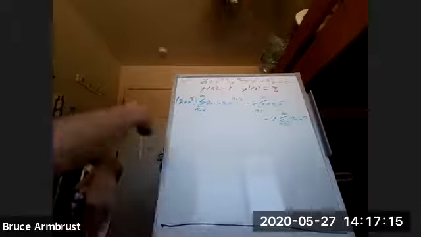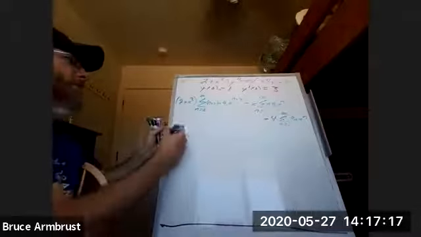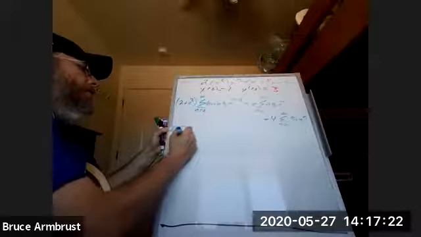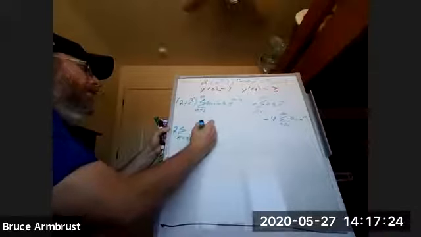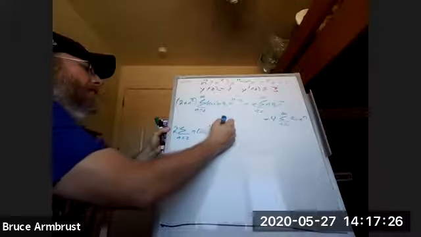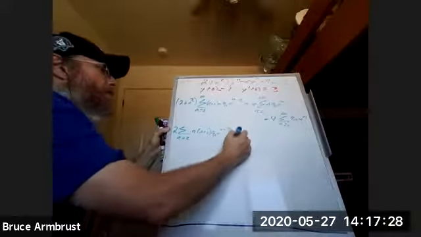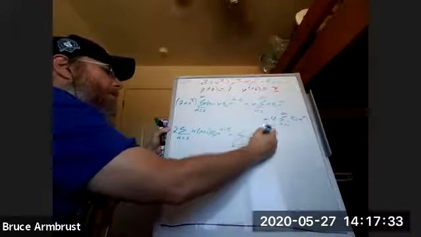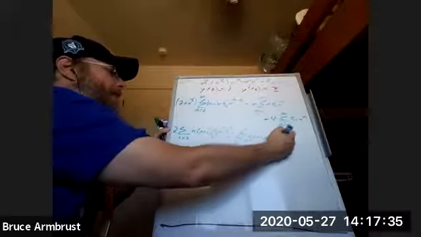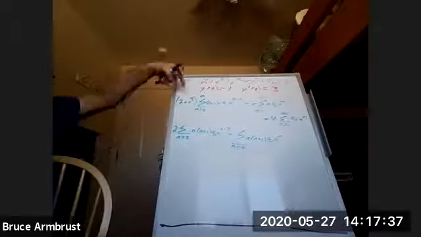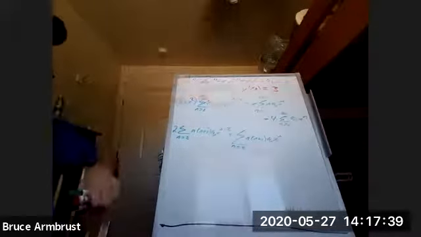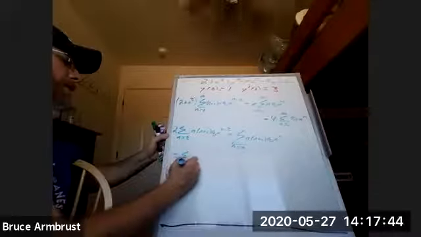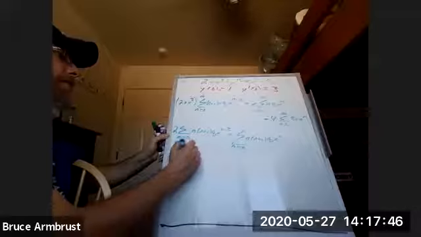Okay, so now let's distribute these and create all our different sums. So we're going to get 2 times the sum from 2 to infinity of n times n minus 1, a sub n, x to the n minus 2, plus the sum from 2 of n times n minus 1, a sub n, x to the n, because that x squared cancels there. The next piece I'm going to get minus the sum from 1 to infinity.